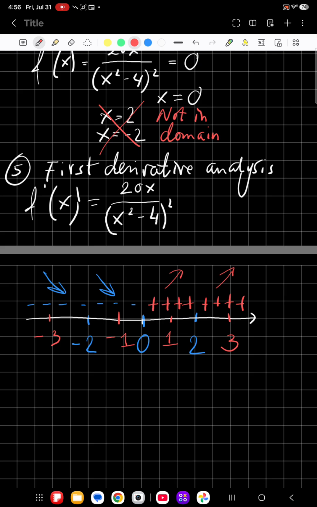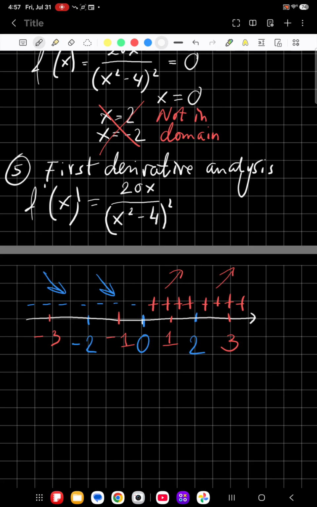Did I say increasing? I meant decreasing. I don't remember what I said. Anyway, one more time, from -infinity all the way to 0 is decreasing, and then after that is increasing.